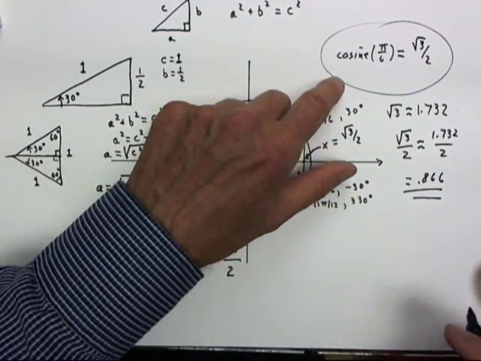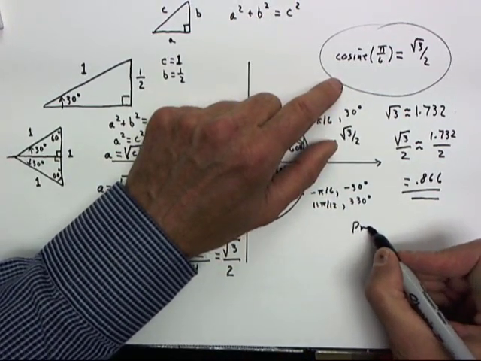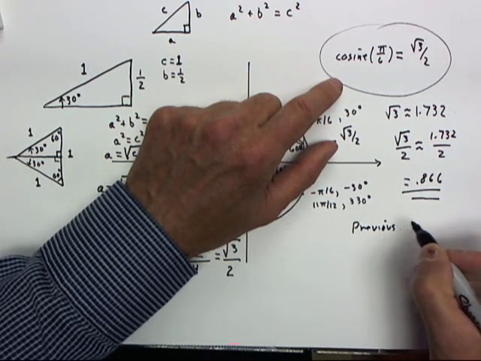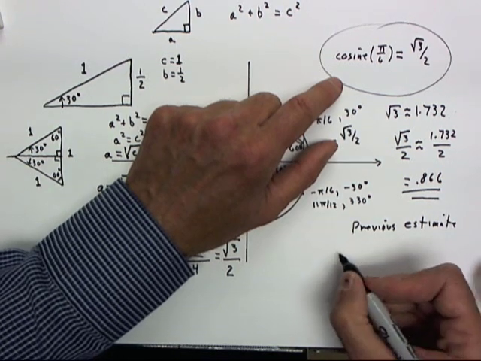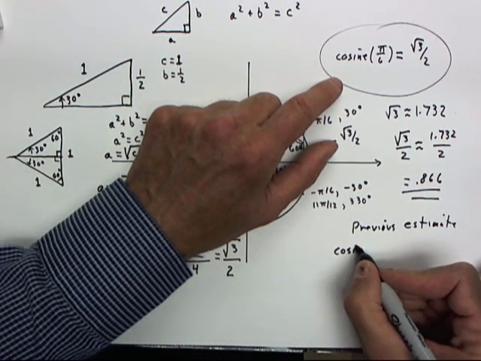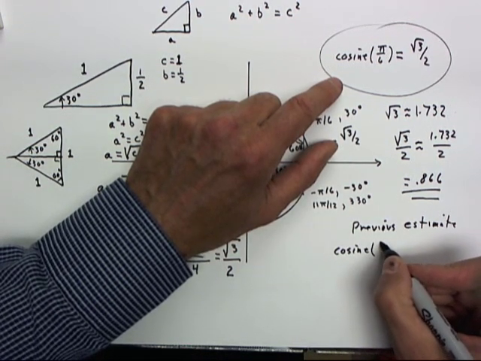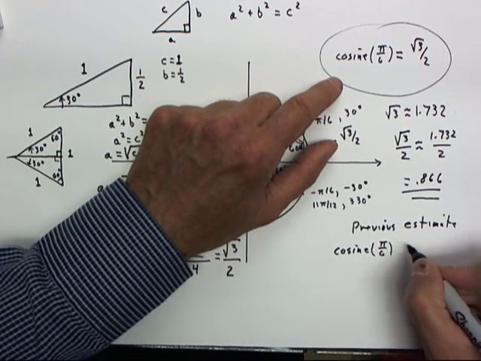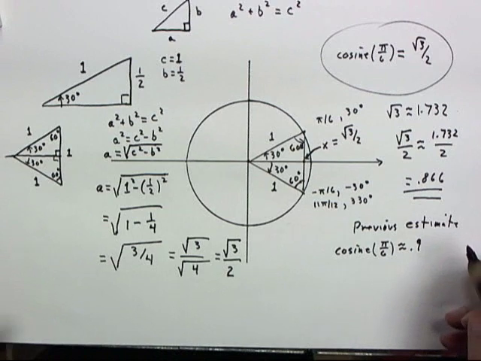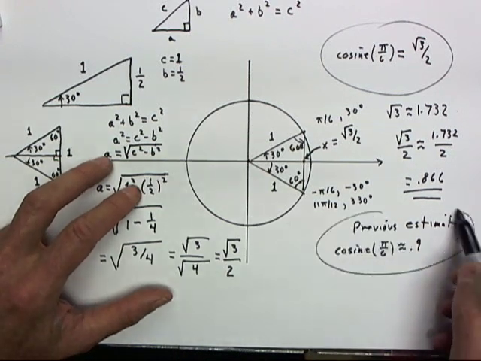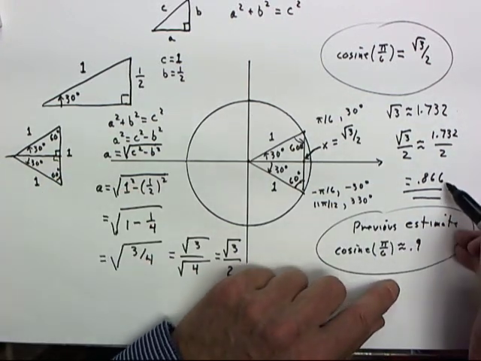Now remember that our previous estimate was that the cosine of pi over 6 was about equal to 0.9. Well, that's consistent with what we got here.